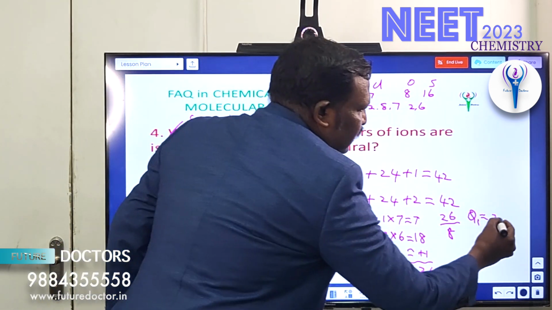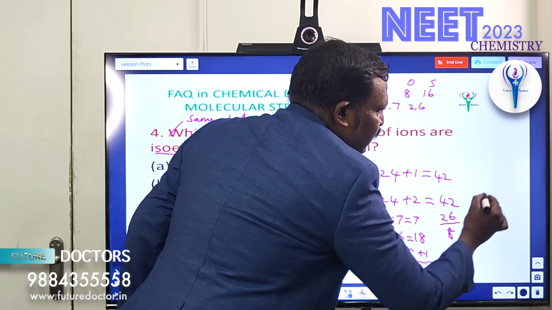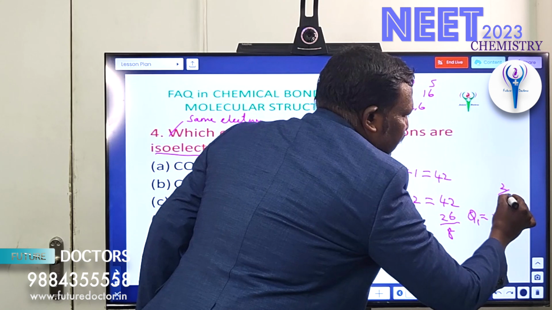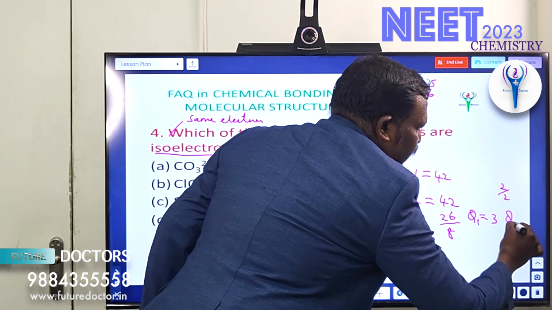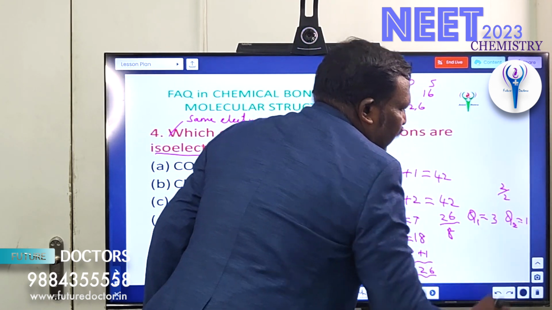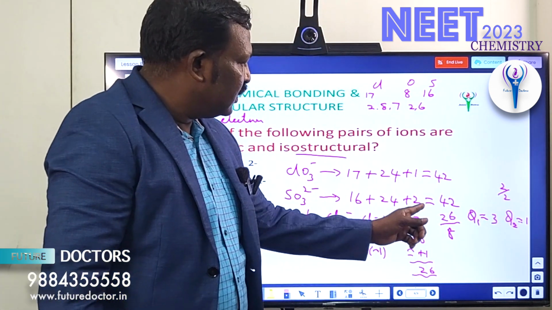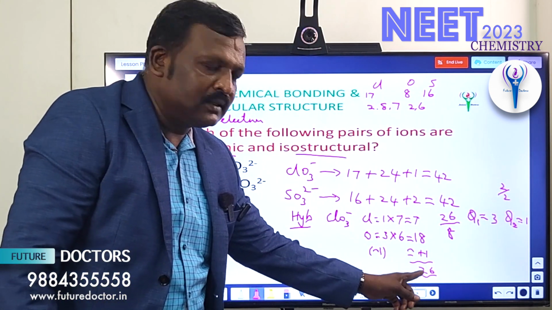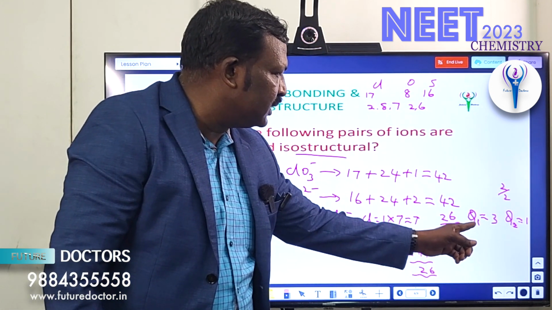That remainder also you can divide, and we get quotient 1. So 3 plus 1. Total valence electron is 26, 26 divided by 8, quotient is 3.